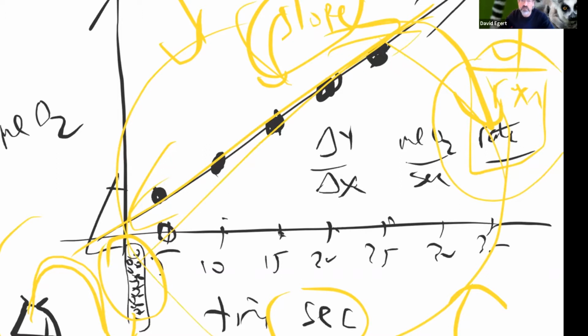So some of you might have seen this method to approximate reaction rates. For a lot of you, it's probably brand new. I will spend more time talking about this in a little while, but I just want to give you a little bit of a heads up.